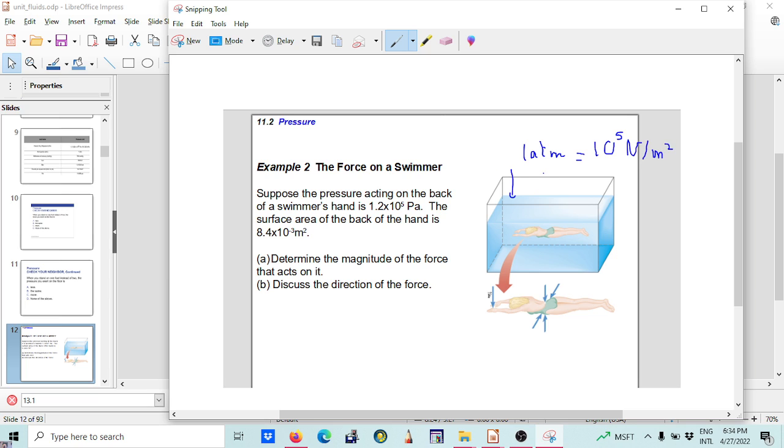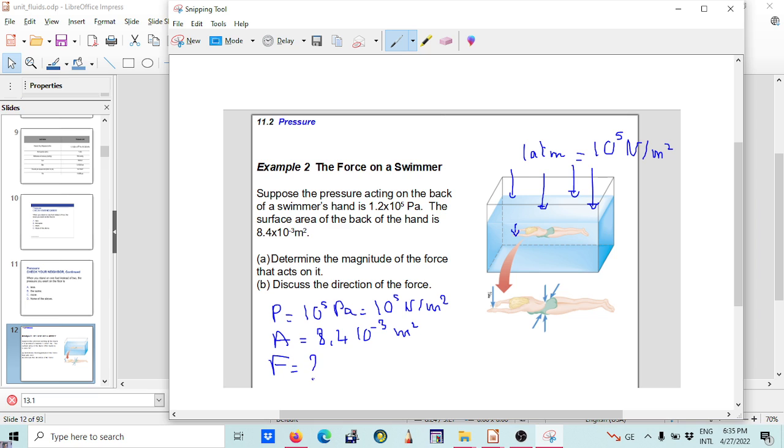So that's the pressure from the atmosphere. And because she's just swimming under the surface of the water, the atmosphere is the same here, right? So the pressure on her hand is 10 to the 5 Pascal, so 10 to the 5 Newton per meter squared, and you have the area of the hand, which is 8.4 times 10 to the negative 3 meters squared.